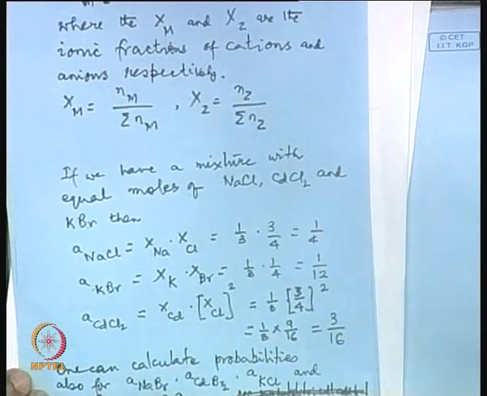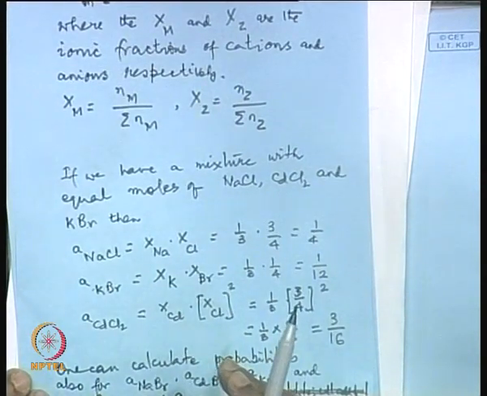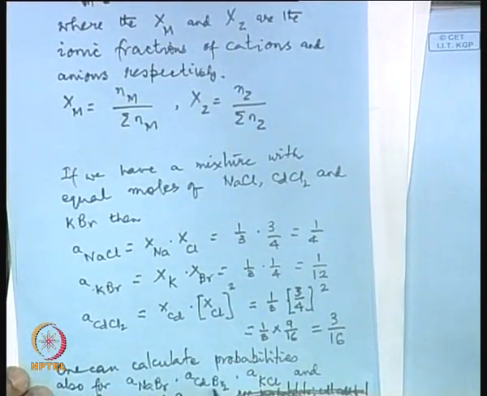There are only ions of sodium, cadmium and potassium, chlorine and bromine. Therefore, we can also say that it is a salt mixture also of sodium bromide, cadmium bromide, potassium chloride. These are the things which you did not add, but you can always talk about probabilities of finding them.